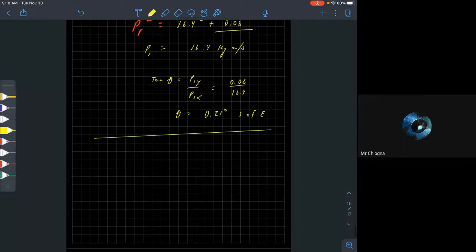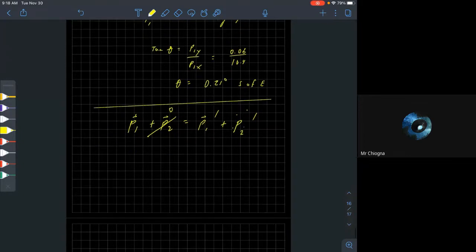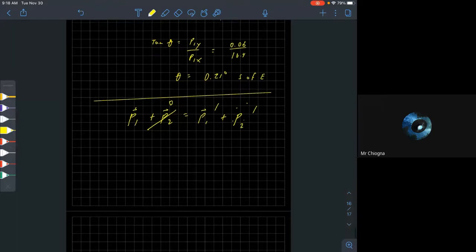You're taking this equation and simplifying it. We said earlier that this is 0. Reducing it to that. And then you're breaking it up into x and y components.